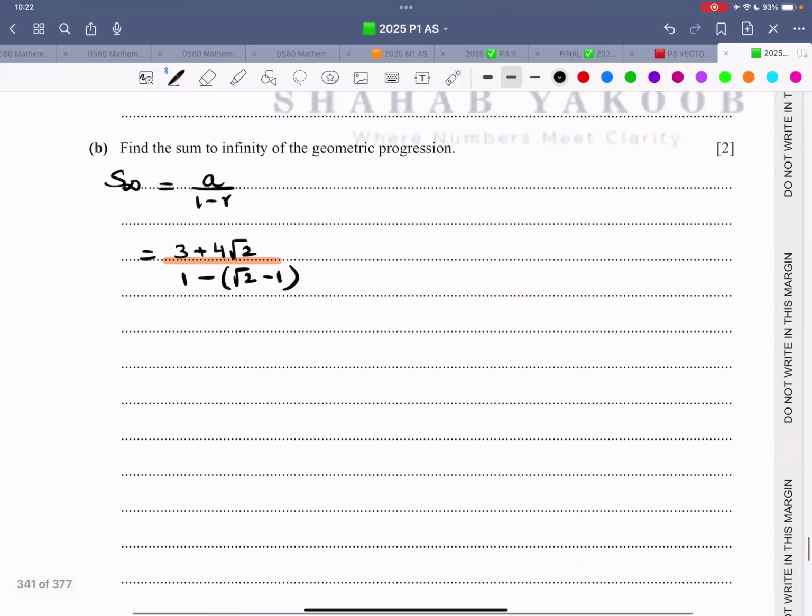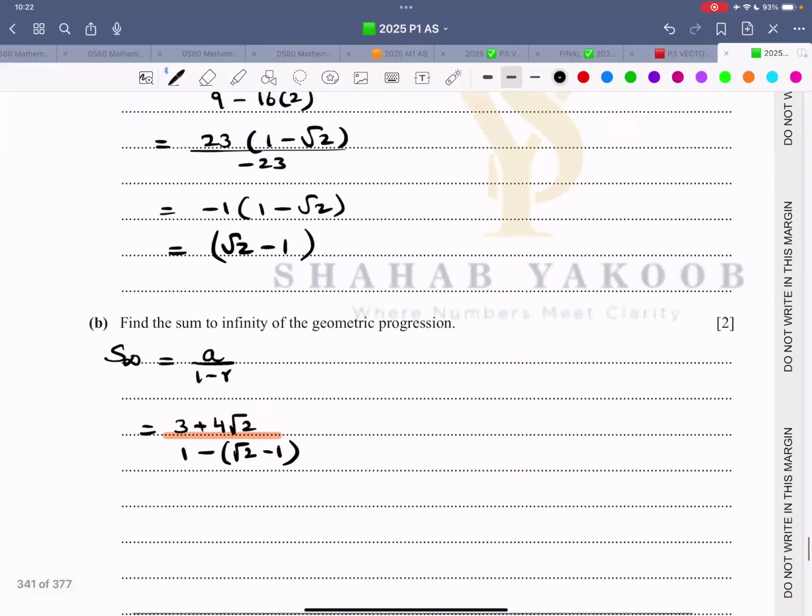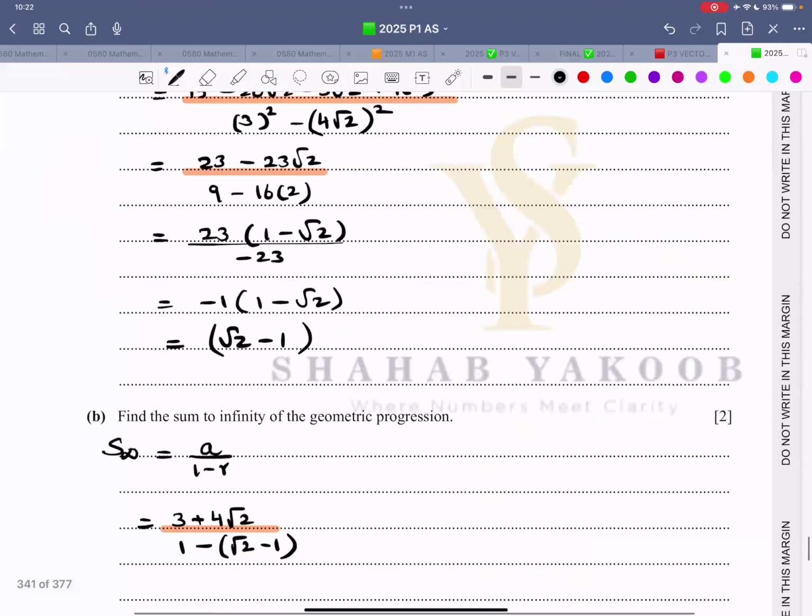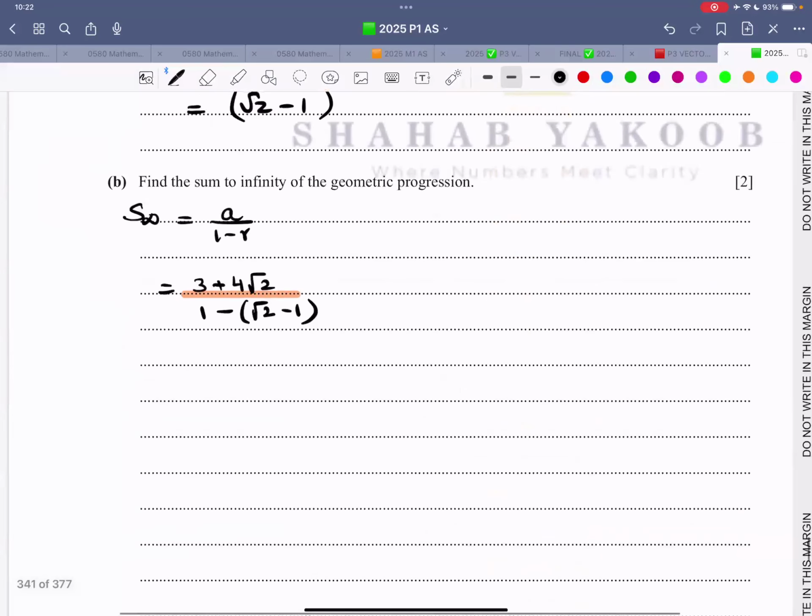So therefore, this is root 2 minus 1, and this minus minus will make it plus. So therefore, this is (3 plus 4 root 2) divided by (2 minus root 2). So we have to rationalize it again.